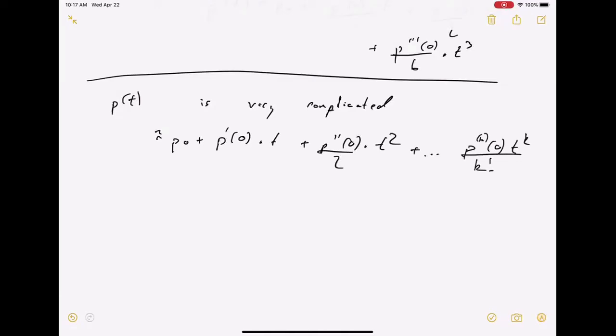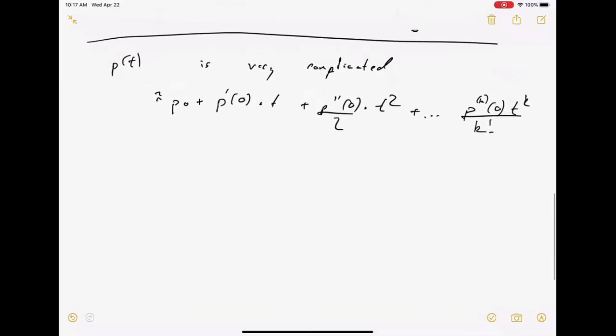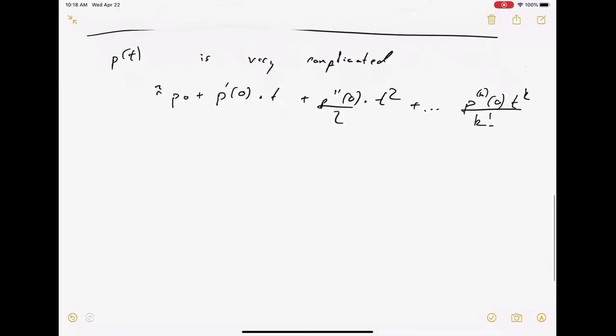So when you see these equations of motion in physics, if you haven't taken physics already, just keep in mind that it's a Taylor polynomial.